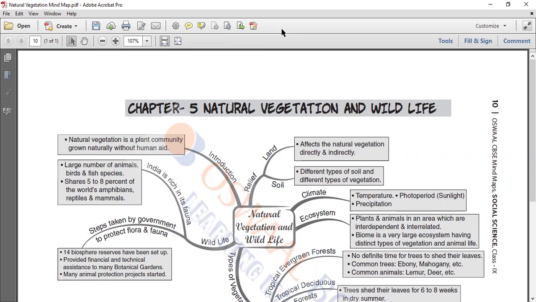Then we also learned what natural vegetation is: a plant community which has grown naturally without any human aid and has been left undisturbed by humans for a very long time.